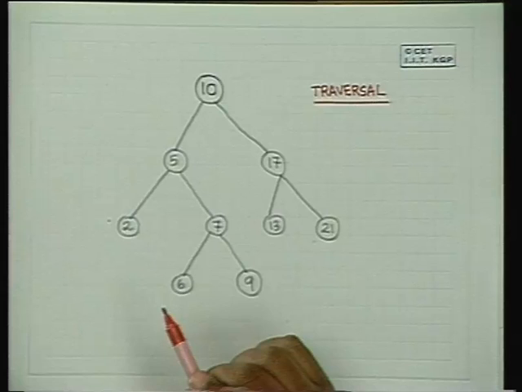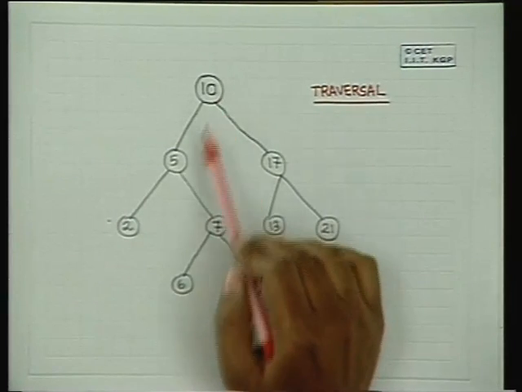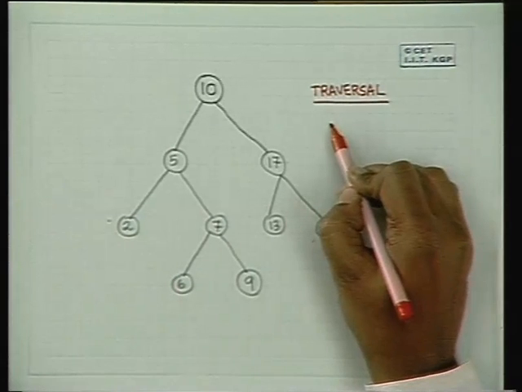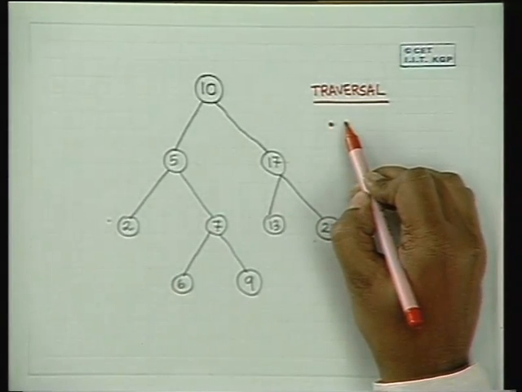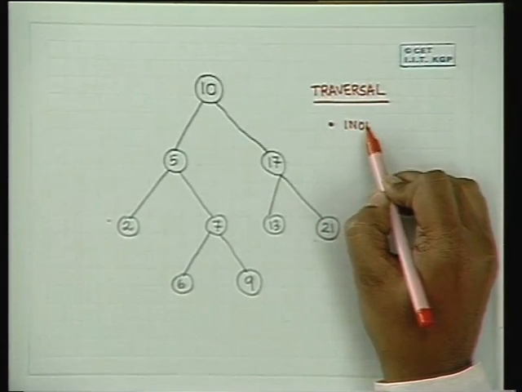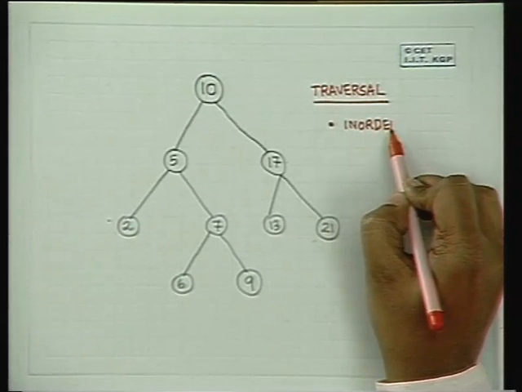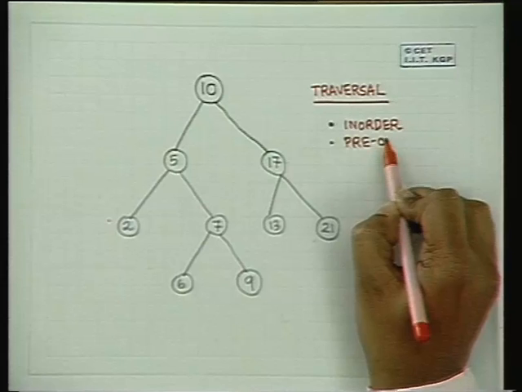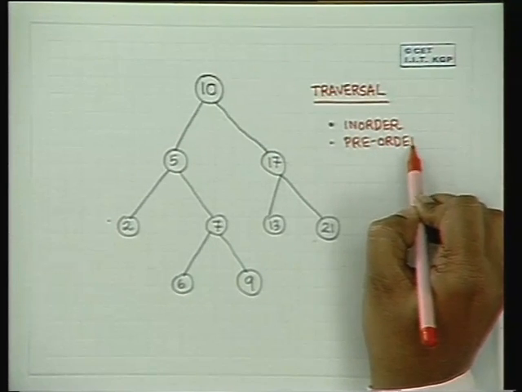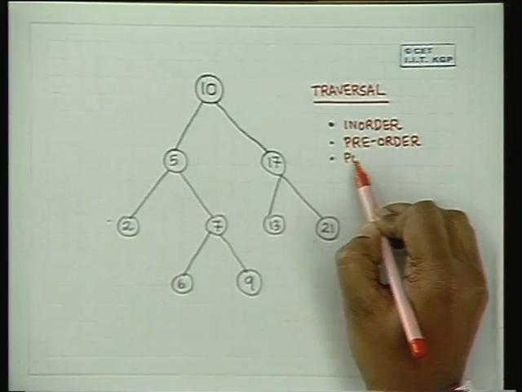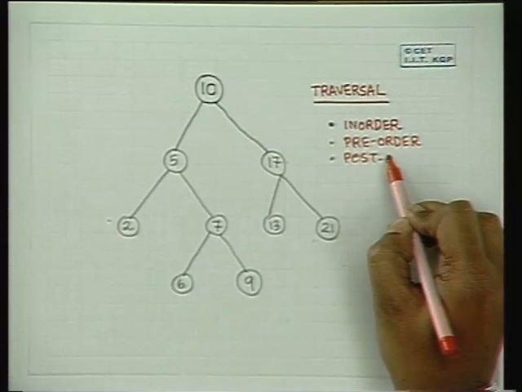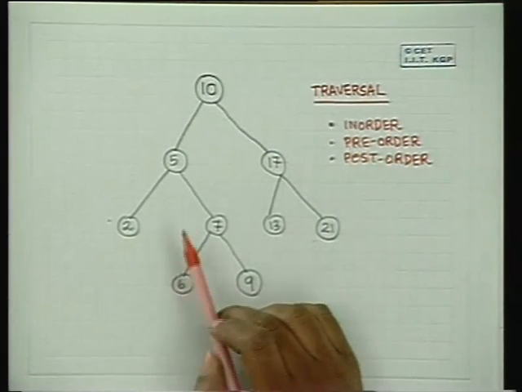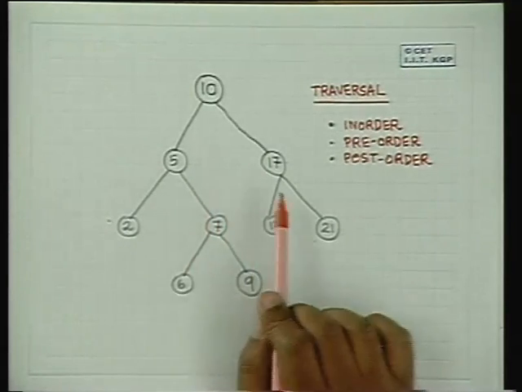Now there are various ways in which you can traverse a tree. The three well-known mechanisms of traversal are in order, pre-order, and post-order, and all of them vary depending on whether you see the left first or the right first.